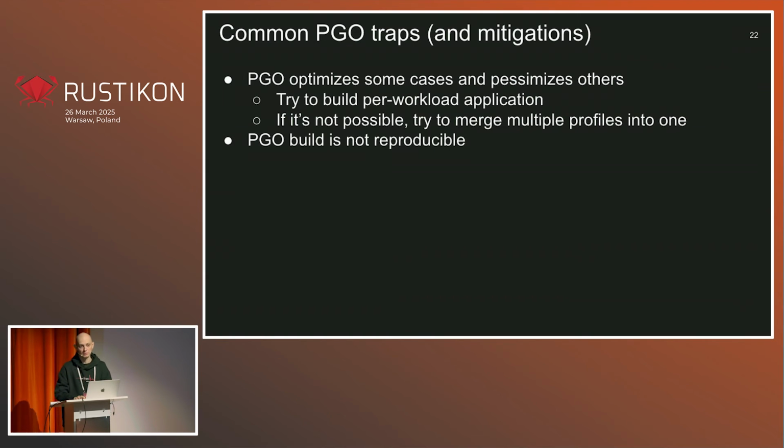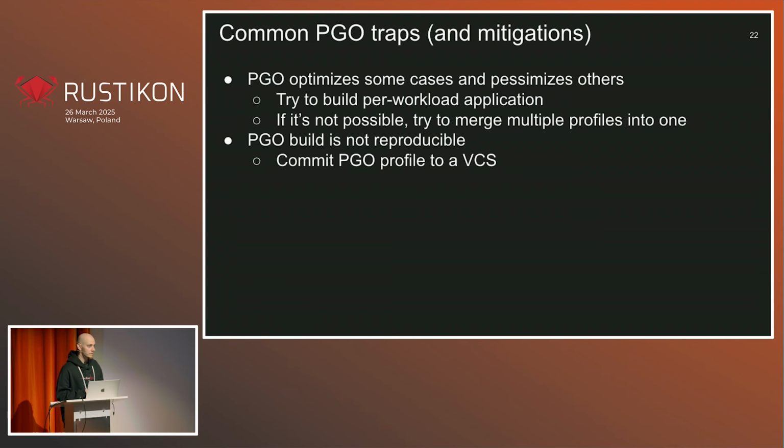PGO build is not reproducible. So with the PGO-optimized build, we have an additional input, a PGO profile. So reproducibility is a hot topic, especially for Linux-based operating system maintainers and so on. So how can you resolve it?